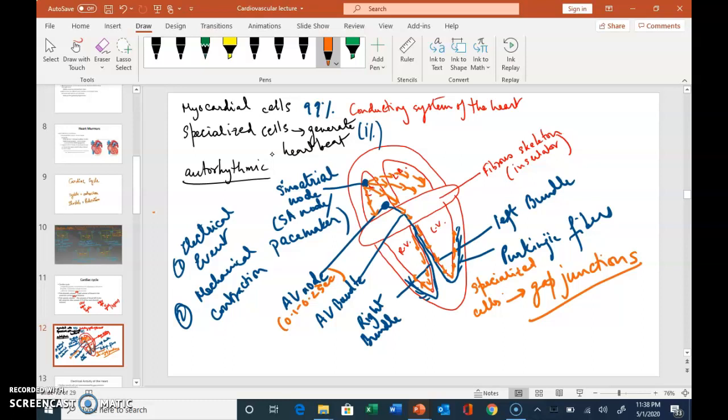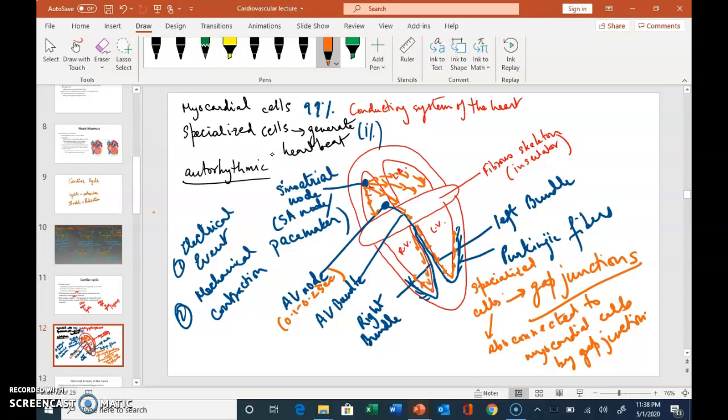Now, are these specialized cells connected to regular myocardial cells as well? Yes. These cells are also connected to myocardial cells by gap junctions. Therefore, please hear me. The action potentials generated by the SA node spread all over the atria because these specialized cells are connected to the myocardial cells by gap junctions, right?